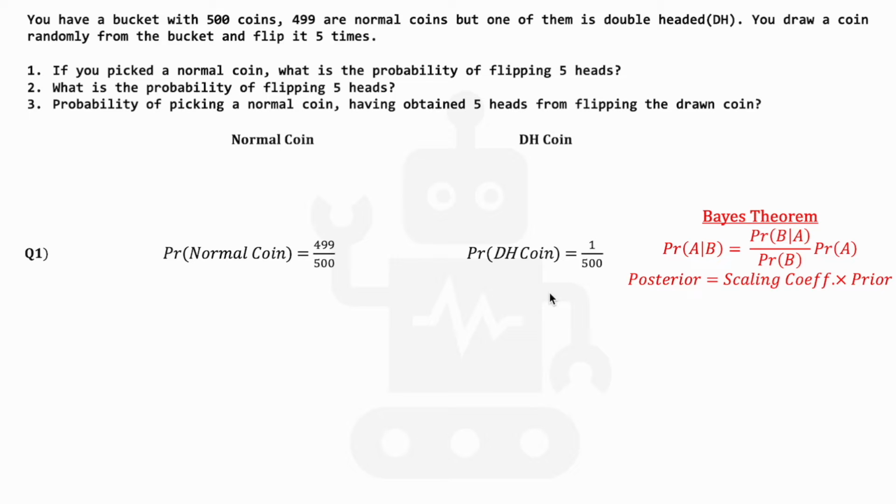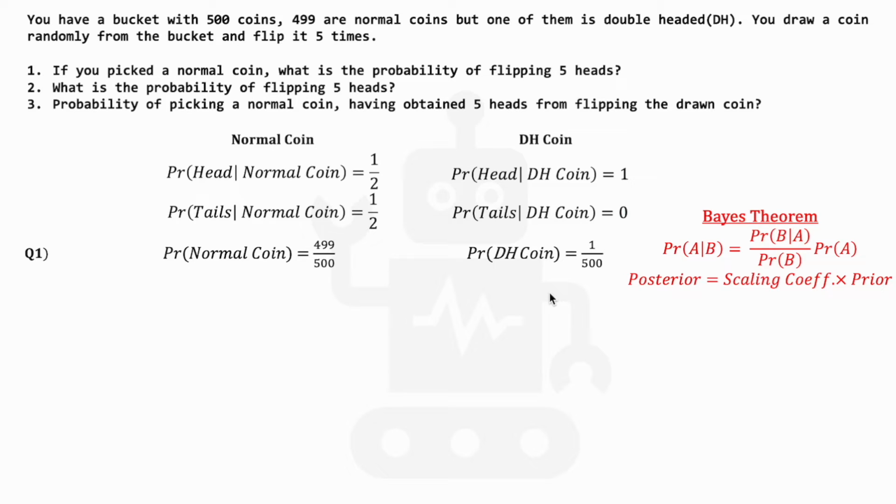Now, focusing on a normal coin, what are the probabilities of having a heads or a tails? Because this is a normal coin, we only have 2 outcomes when we flip one, a heads or a tails. And you will agree that it is half and half for both of them because it's a fair coin, or normal coin in this case. Whereas for the double-headed coin, the only outcome you can get is heads.